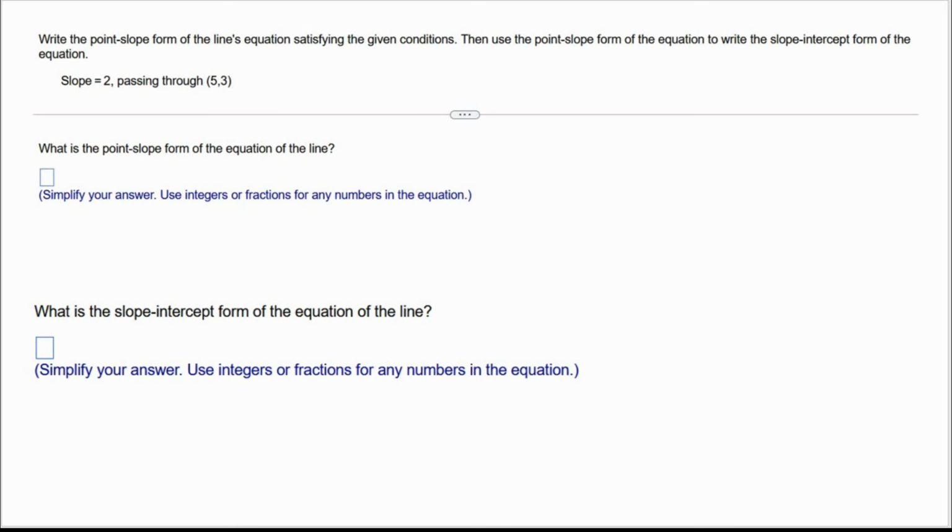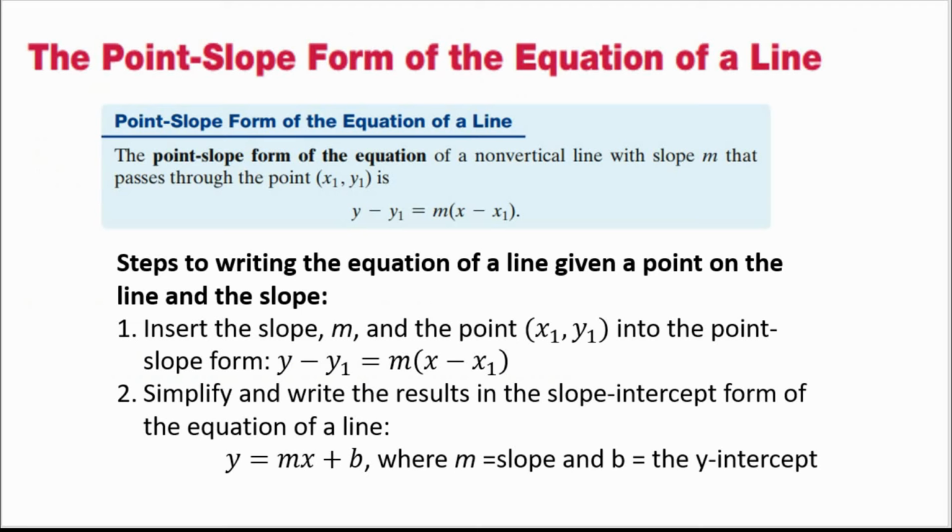So I'm using the equation y minus y sub 1 is equal to m times the expression x minus x sub 1. Now I'm following the steps. What steps? Go back.